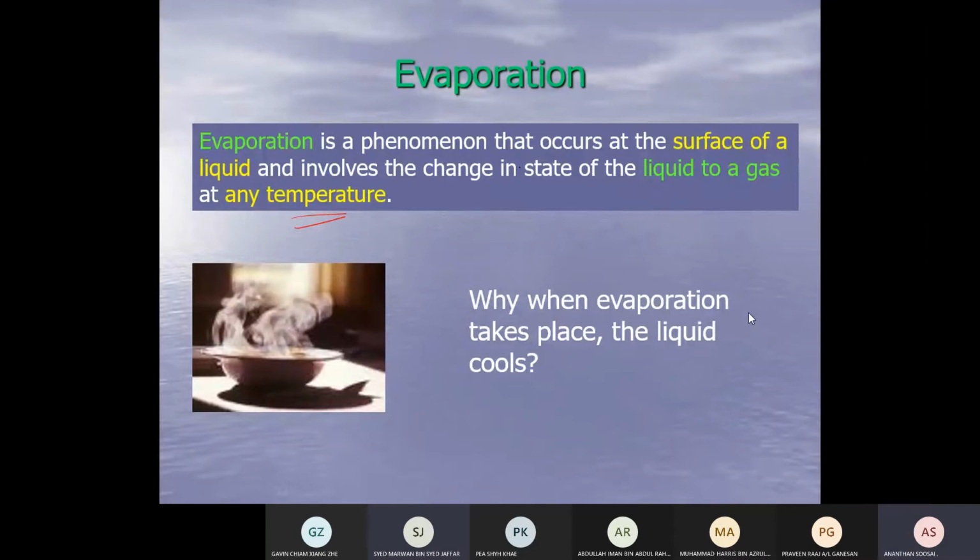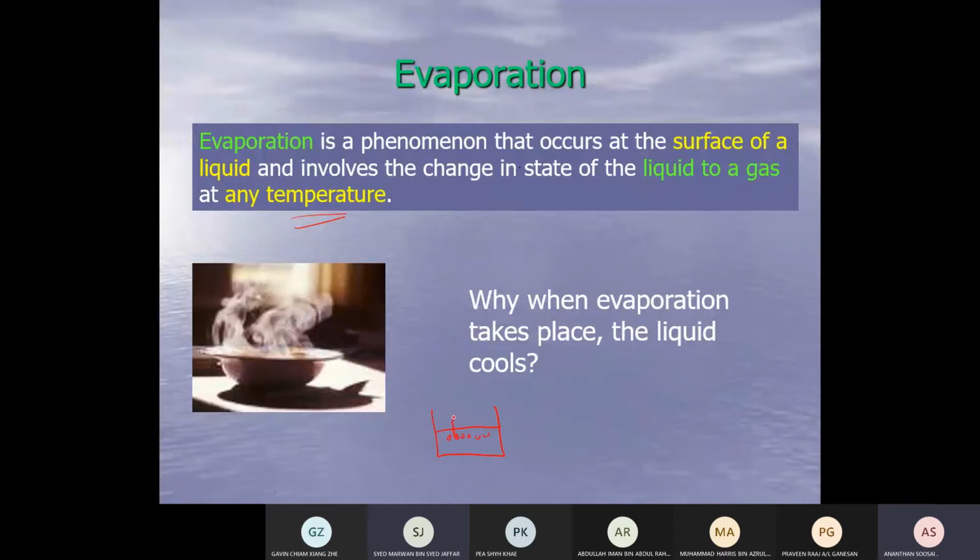Is evaporation affected by atmospheric pressure? Higher the atmospheric pressure, does the rate of evaporation become higher, lower, or no change? Let's say you have a liquid full of molecules.